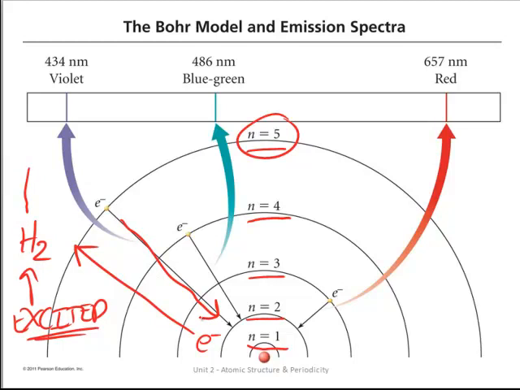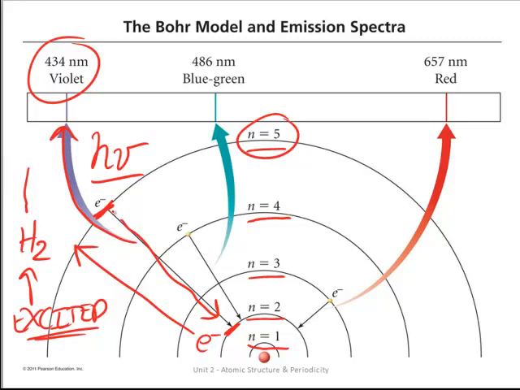When an electron transits from a high energy level to a lower energy level, it emits a photon, and usually we use h nu as the symbol for a photon. It emits a photon whose wavelength matches exactly the difference in energy between those two energy levels or two orbitals.